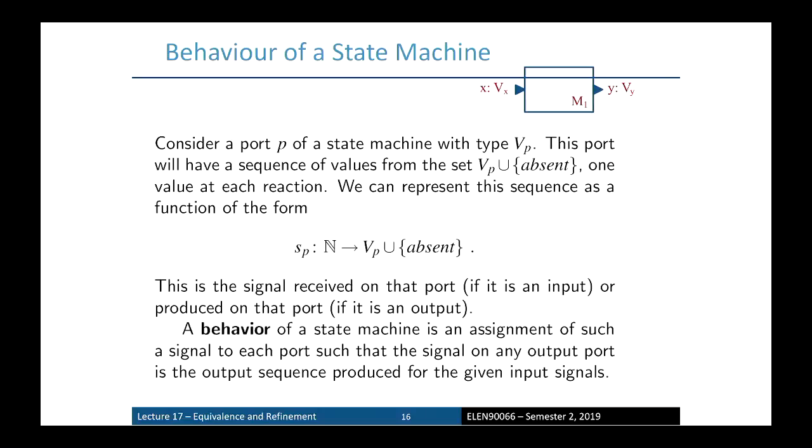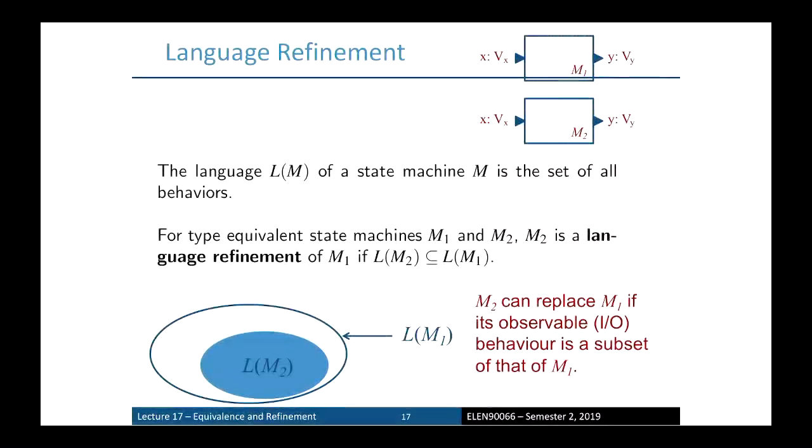Behaviour is now the set of all of those possible things. So it's a bigger family of things. That's what all that stuff says there. It's stuff we've seen before. But here's where it gets interesting. We're going to define the language of a state machine as the set of all behaviours of that machine. Okay, so we're stepping out even more, if you like.